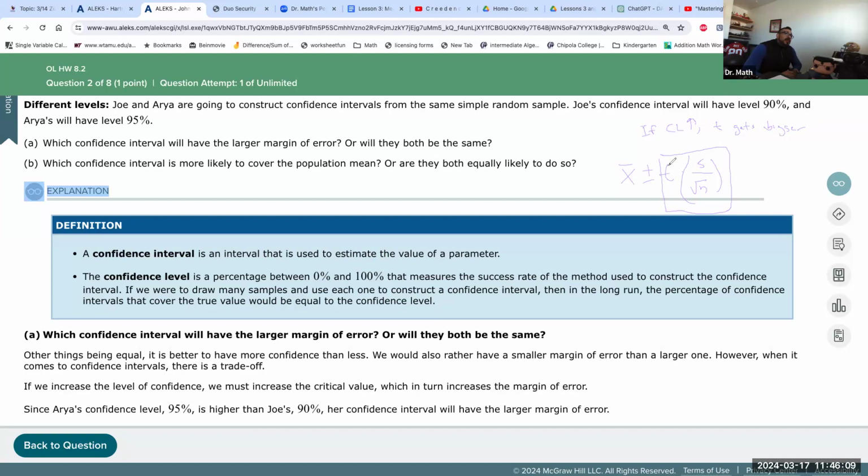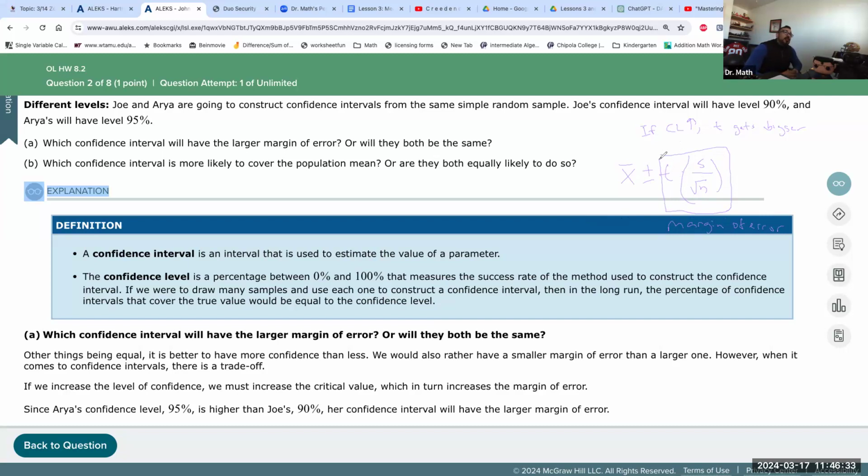If this t value is bigger, that means this whole thing is going to get bigger. And this whole thing that I boxed is called your margin of error. You have more wriggle room. You're more confident, right? Your hoop got bigger that you're going to shoot the basket into. So there's more room to make a mistake.